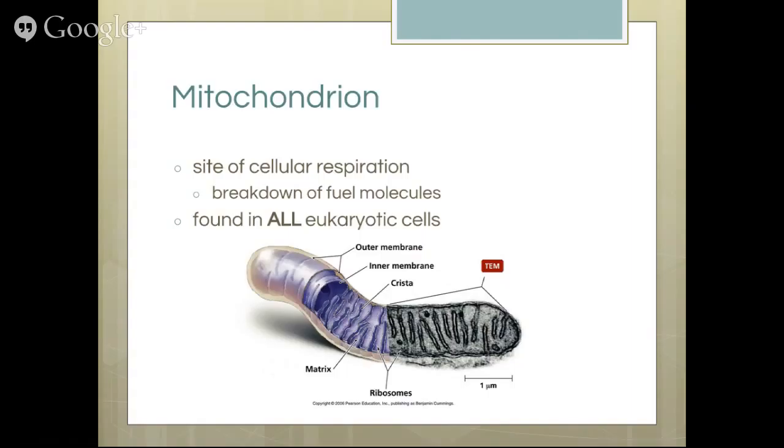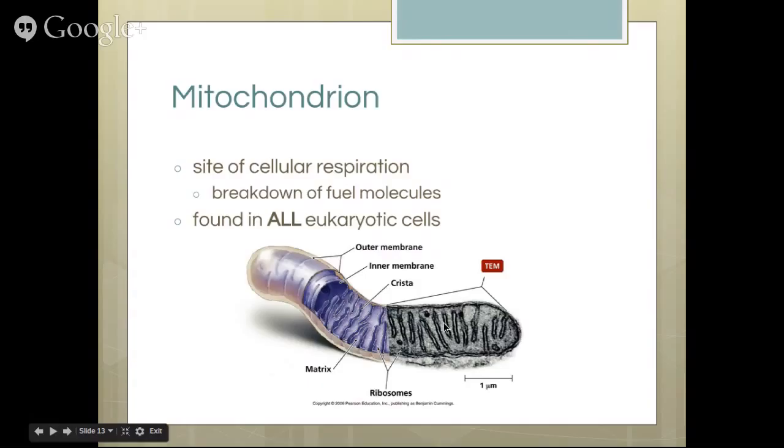What you see in the picture here is actually a split picture. Part of it shows you a drawing of what a mitochondria looks like. That's over here on the left side. And then on the right side is actually an electron micrograph, or a picture that's been taken with an electron microscope that shows you what it actually looks like. Here's the outer membrane as it goes around.